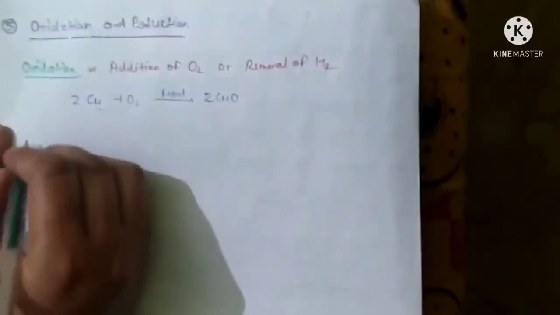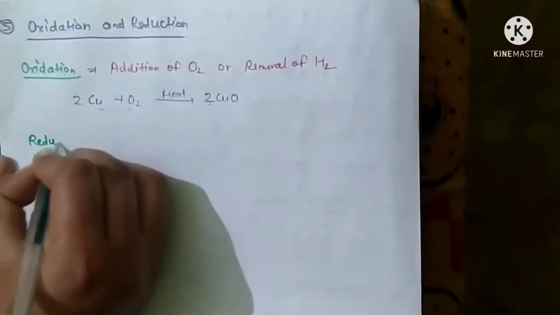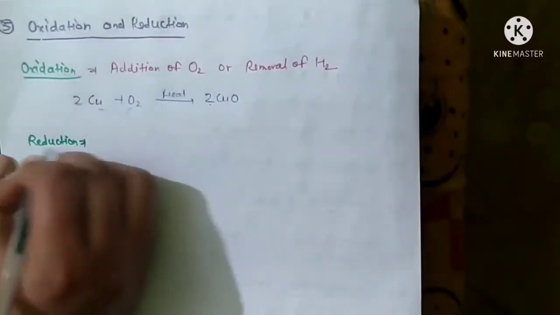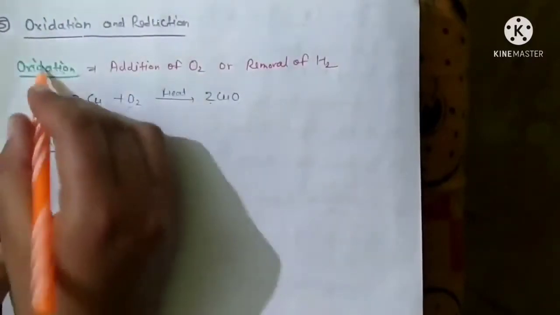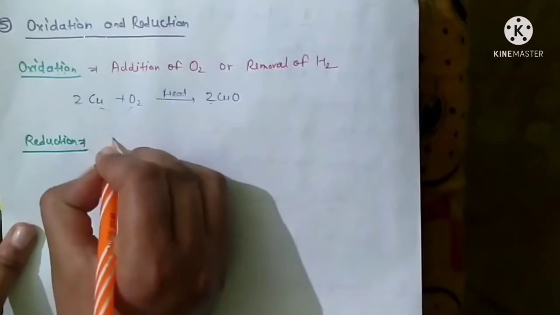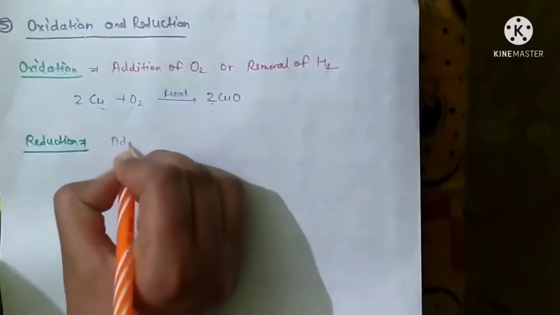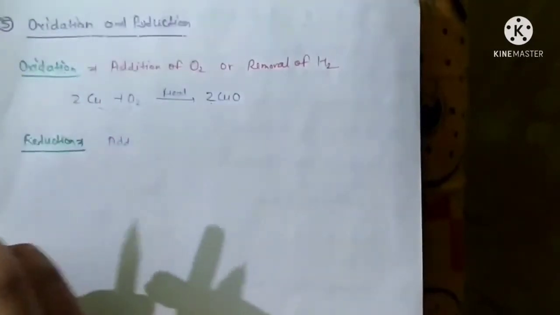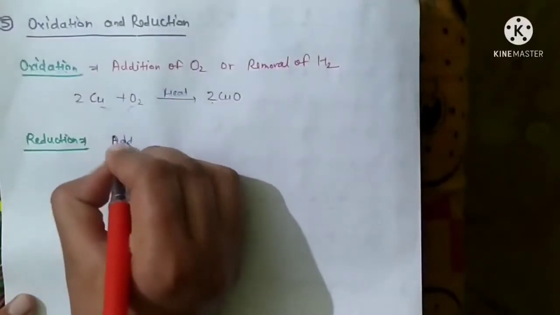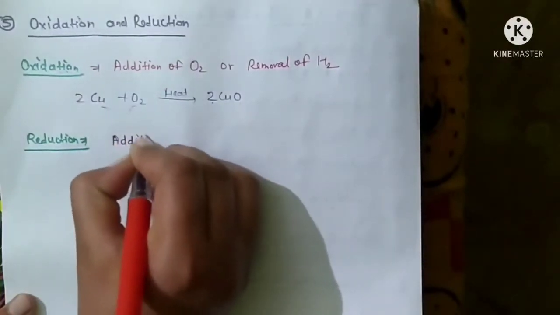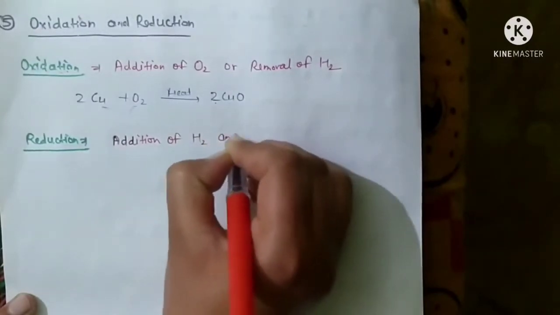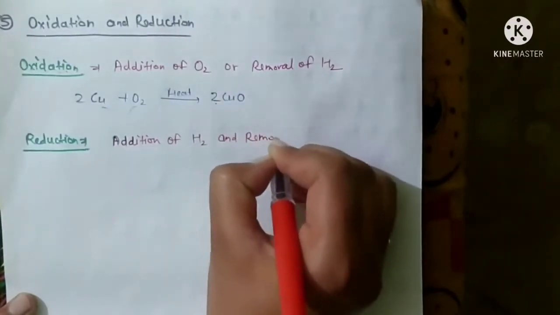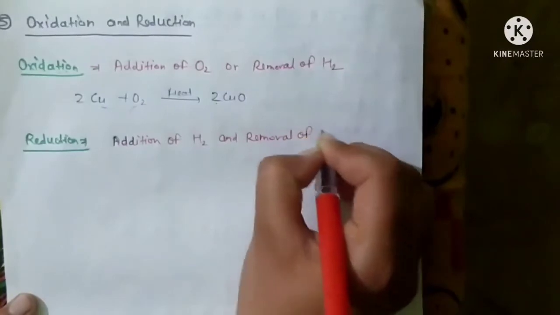Now second is reduction. What is reduction? It is opposite to oxidation. Addition of hydrogen and removal of oxygen.